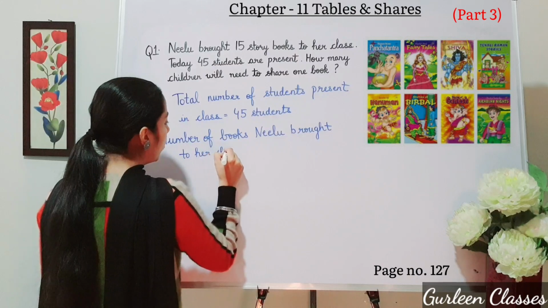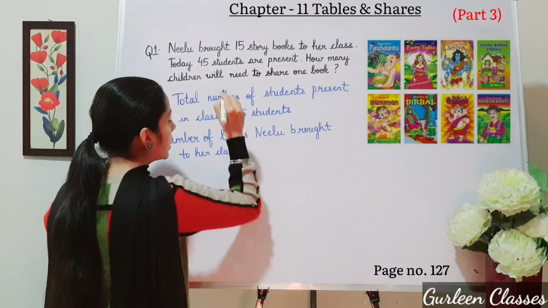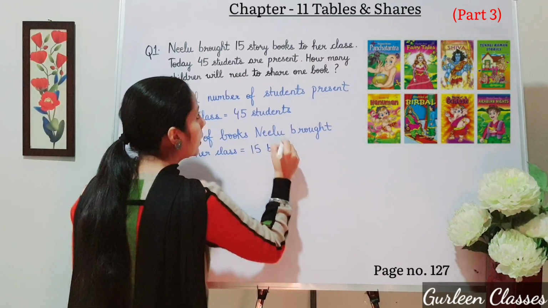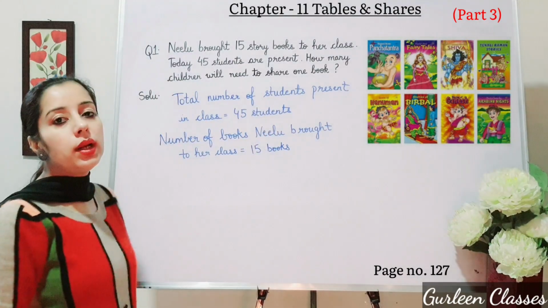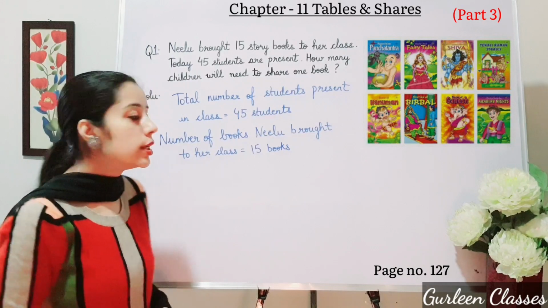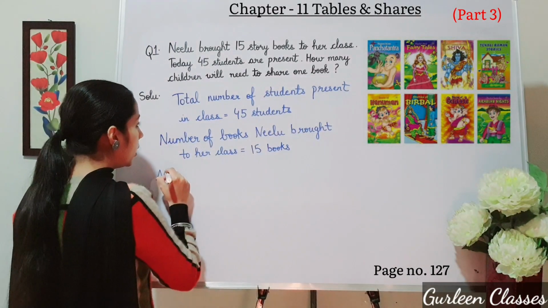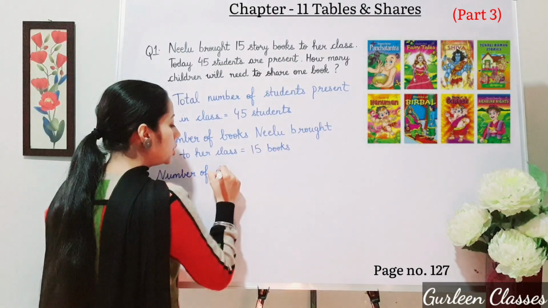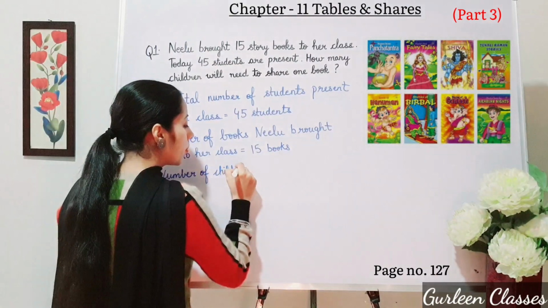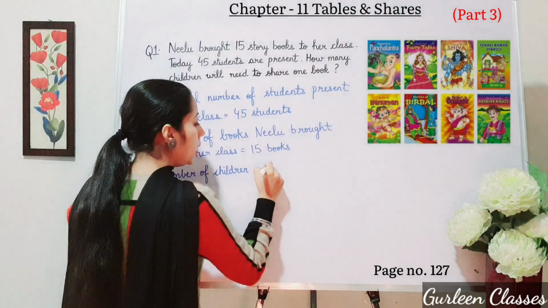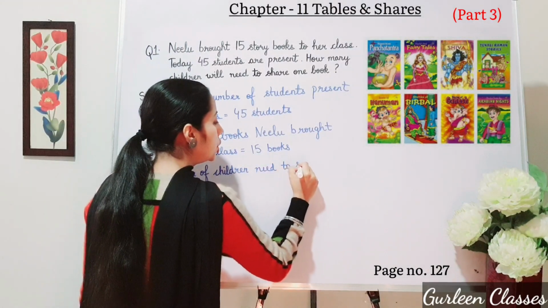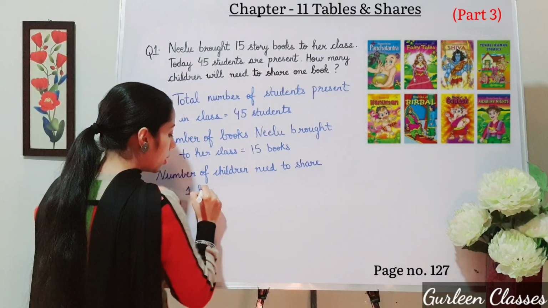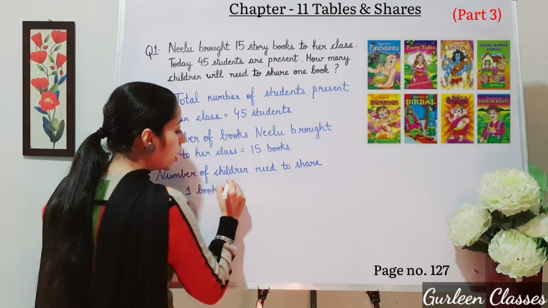So how many books she has brought to her class? 15 books. So write here 15. Then how many children will need to share one book? So write here number of children need to share one book.